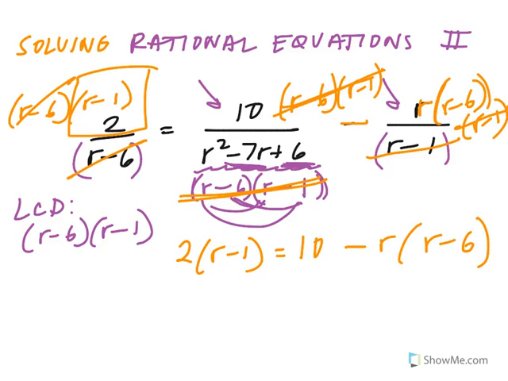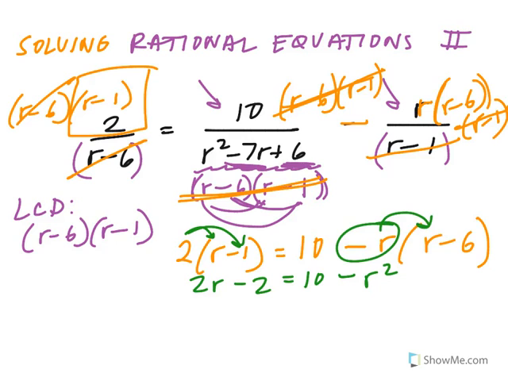So let's just simplify and distribute some terms, and we'll just do some basic algebra and solve this equation. So 2 times r, 2 times negative 1 equals 10 minus r times r squared. Be careful here, we have a minus r times minus 6, so that's plus 6r.